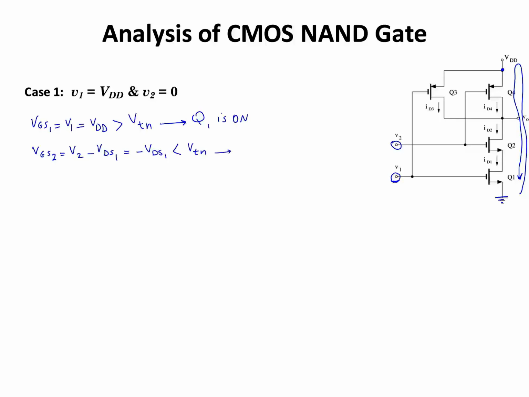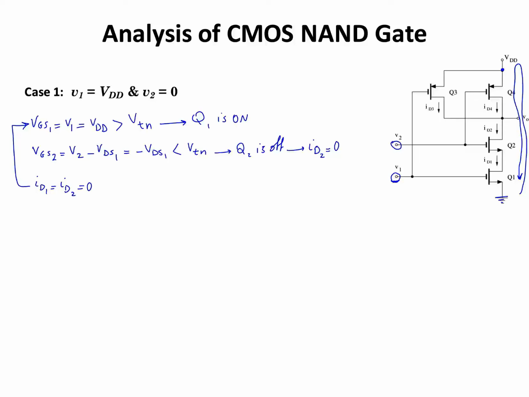From there, I know that Q2 is off. Because it's off, ID2 is equal to 0. Because ID1 and ID2 are the same, both of them are equal to 0.